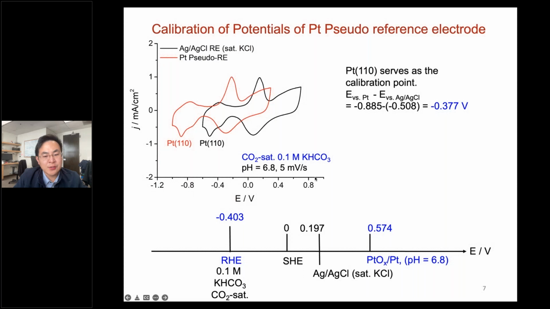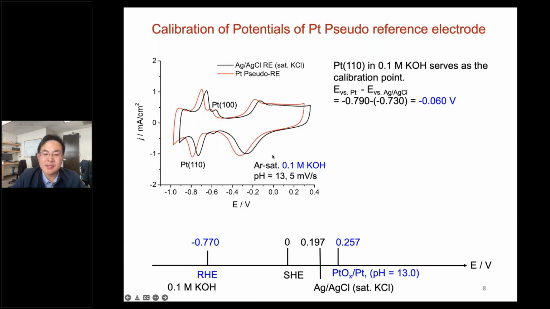Then for pH 13, when you see the 3 different pH values, the potential difference between silver chloride and the platinum reference is getting a bit smaller. This eventually tells us the pH dependence of the platinum pseudo-reference electrode.